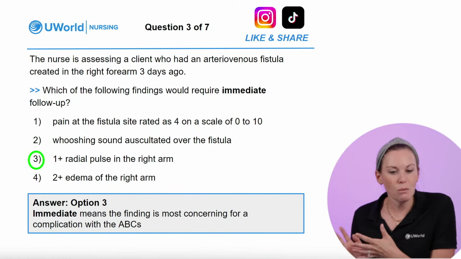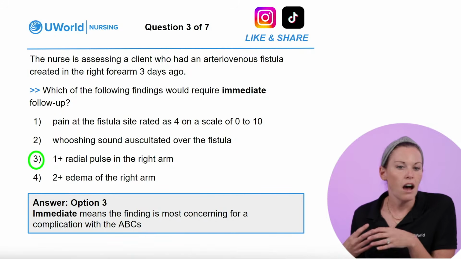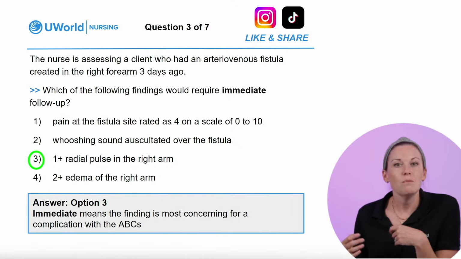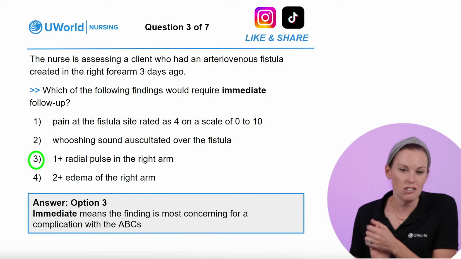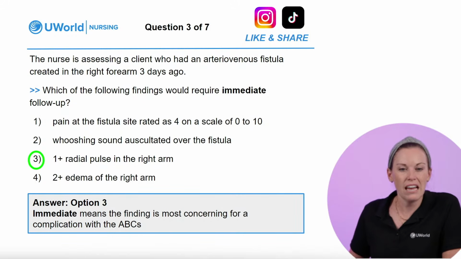Our findings in options 1, 2, and 4 are all going to be expected. But again, taking it back to the ABCs, we're worried about circulation, and that's what that pulse indicates. So good job, you guys.